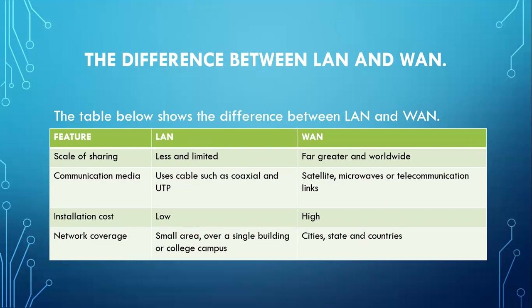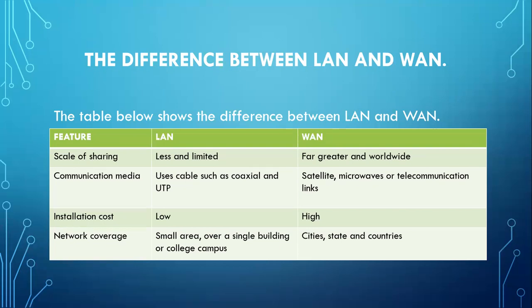The second feature that differentiates these two is the communication media. A local area network uses cables such as coaxial and UTP, not uninterruptible power supply, just UTP and coaxial.